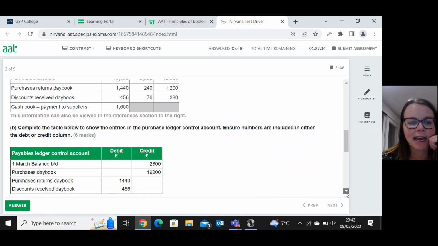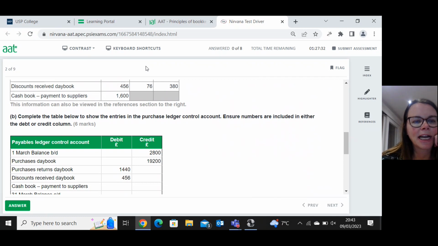And then the cash book payments, so if we've paid our supplier, we owe them less, so it's reducing the liability, so it's on the debit side. You might prefer to think of it as well, the double entry for a payment would be debit the PLCA and of course credit the cash book. We know that a payment out is a credit in the cash book, so the other side must be here.